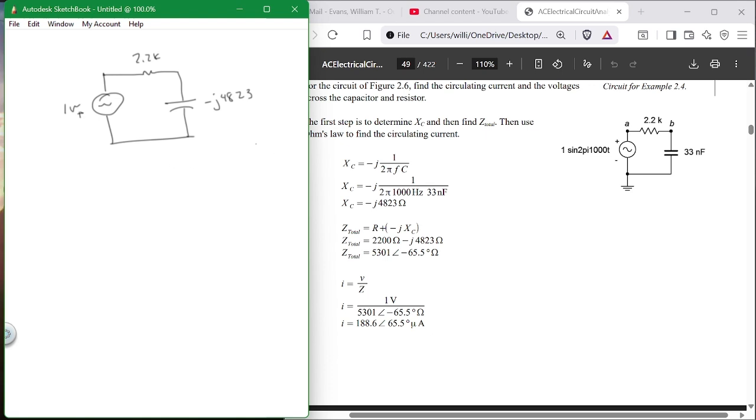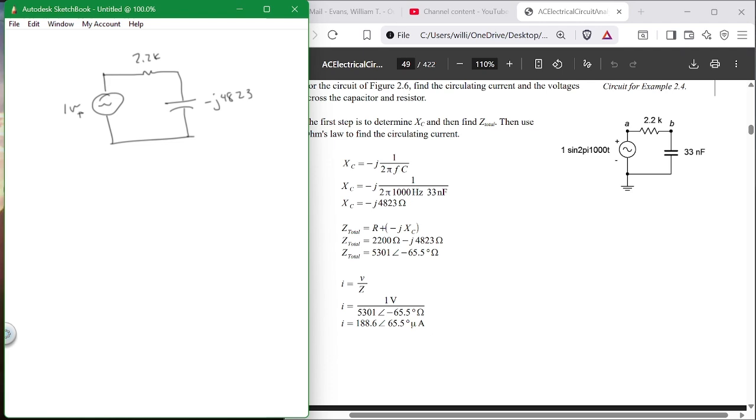By the way, we usually make this so that these numbers and these numbers are about the same. If they don't, one dominates the other, and you don't have a real circuit. But basically, if these are kind of close, your numbers are kind of unpredictable. So we usually make the problems so that this number and this number are kind of close, all right? So that's our X sub C.